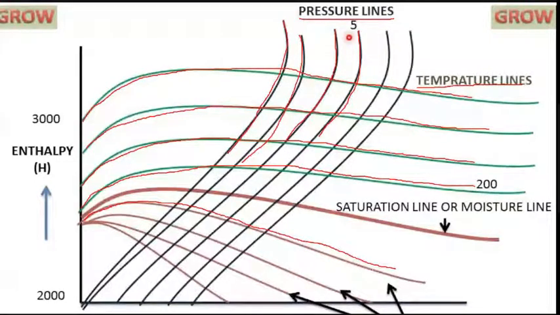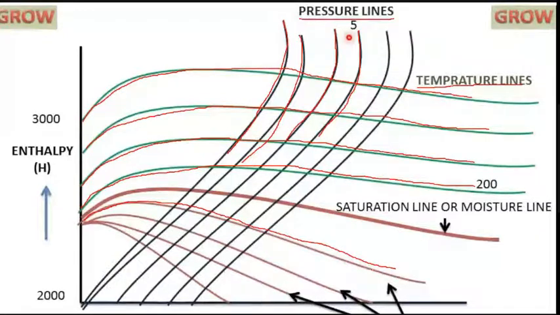And there are multiple lines other than this, and among them you can see a constant specific volume line. In the Mollier chart, the horizontal lines are called enthalpy lines, and the vertical lines are called entropy lines. So the lines running horizontally are all enthalpy, and the lines running vertically are all entropy lines.